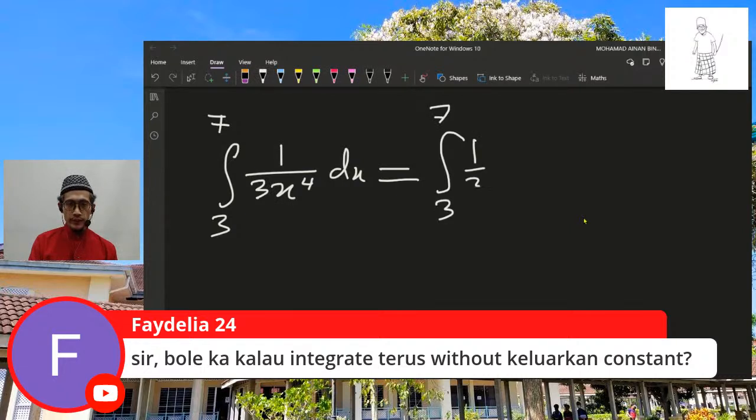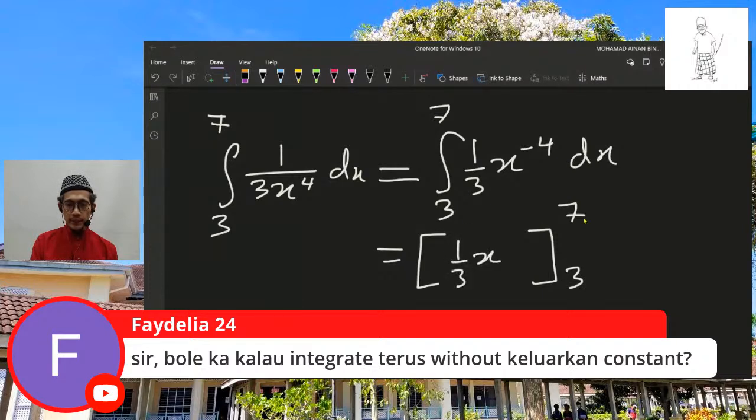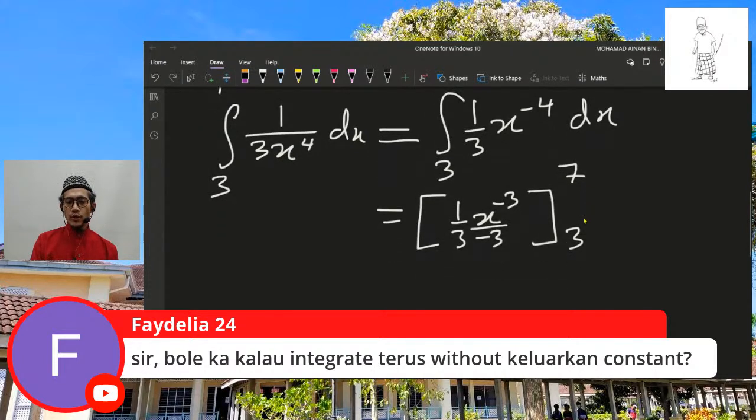So what is this? 1 over 3, x minus 4. Then we can integrate. So 3 times 1 over 3, x to the power of minus 4 plus 1, that is minus 3, over minus 3. You see over here, we get another number, and then we have to multiply this one. Actually no problem. Can do. Over 9, minus.